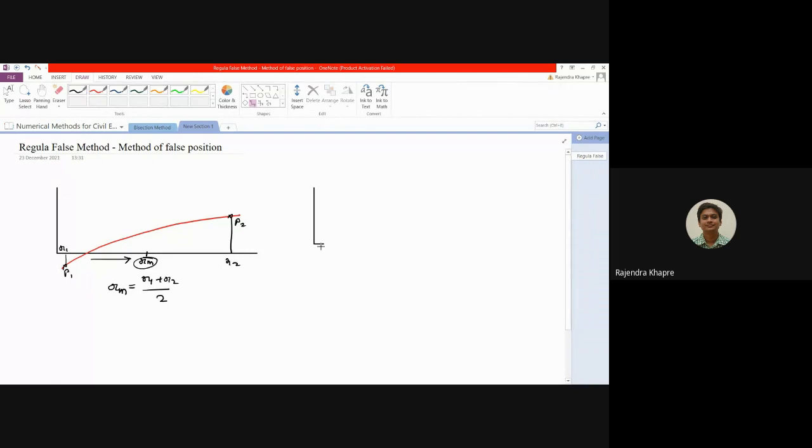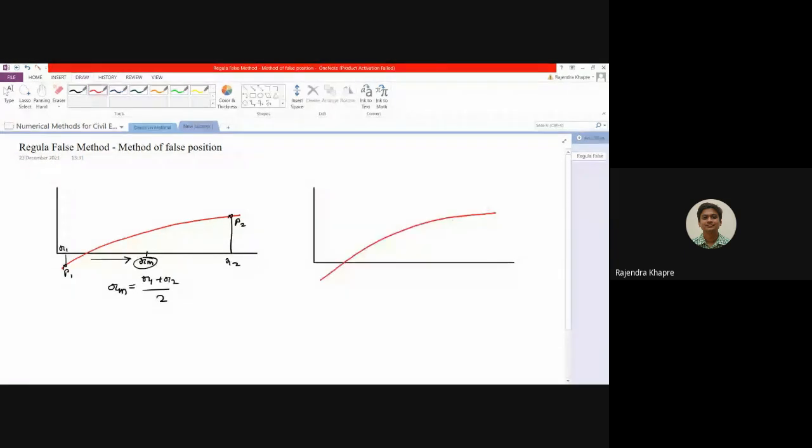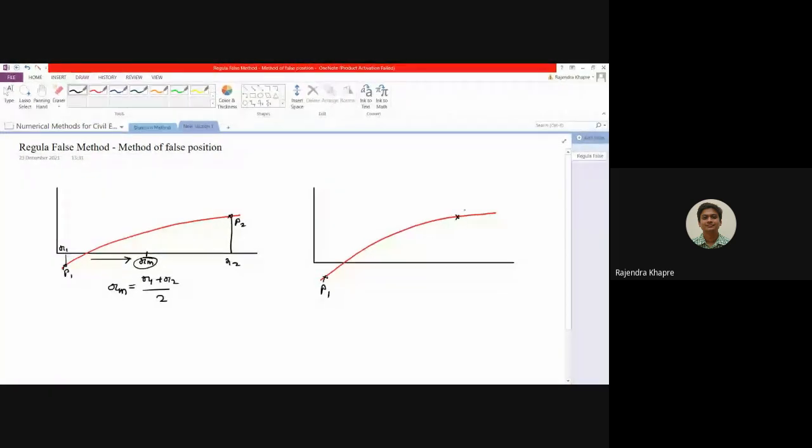So in this method, let us see what is happening. I am drawing the same curve one more time. If you choose two points, p1 and p2, we draw a straight line from point p1 to point p2.